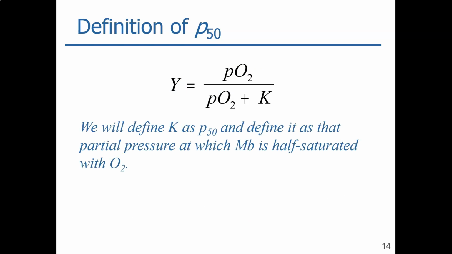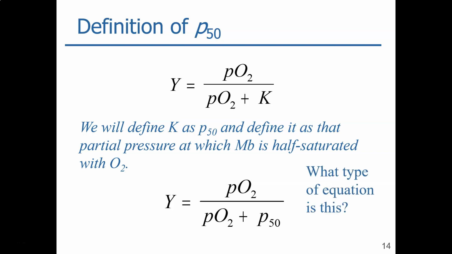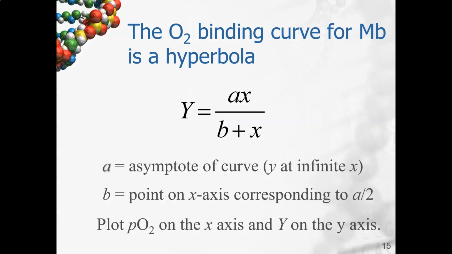We're going to define K as P50, and P50 will be defined as the partial pressure at which myoglobin is half saturated with oxygen. So now we have our final equation: Y equals PO2 divided by PO2 plus P50. You might have noticed that's the equation of a hyperbola. The equation of a hyperbola is y equals ax over b plus x.